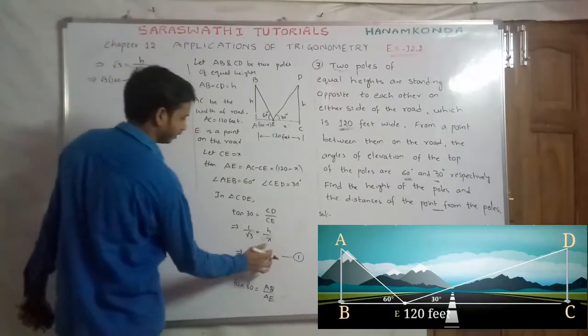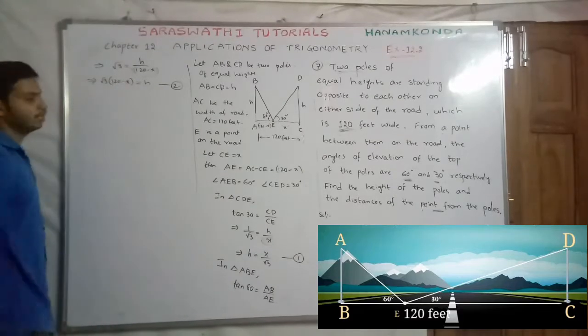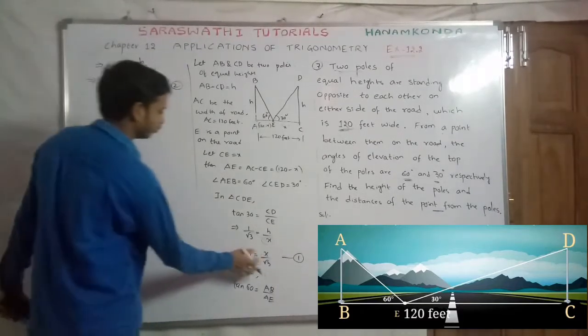So from the first equation H equals X by root 3, and from the second equation H equals root 3 into 120 minus X. That means we can equate both the two equations.